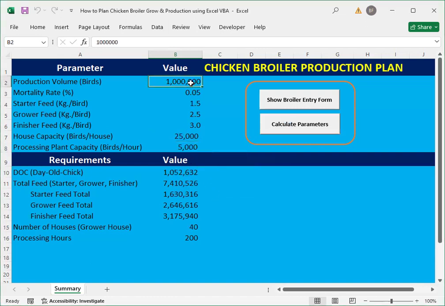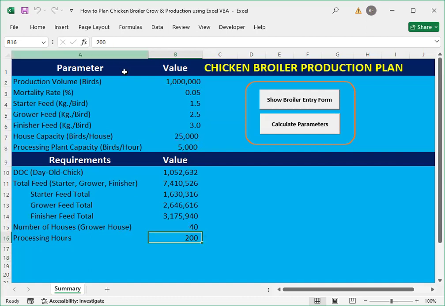Okay, calculate. Okay, what we have is 1 million, 5%, 25. Okay, this would be our requirements: 1,052,000 DOC, 7.4 million of total feed, 40 houses for growing our birds, and 200 processing hours.